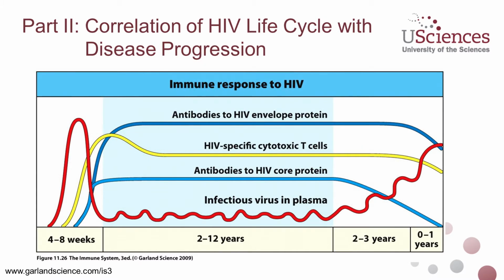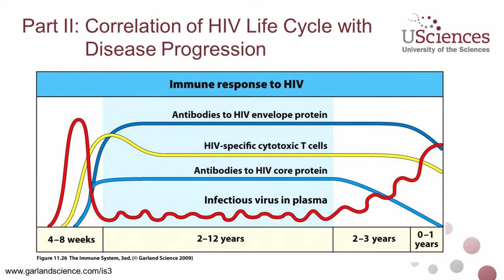So this next slide correlates numbers of the various immune cells as well as what we call the viral load, or the number of viruses. And it shows it once again over time, but what you should spend a little time looking at is when the viral load increases, how eventually all of our immune responses start to go down.